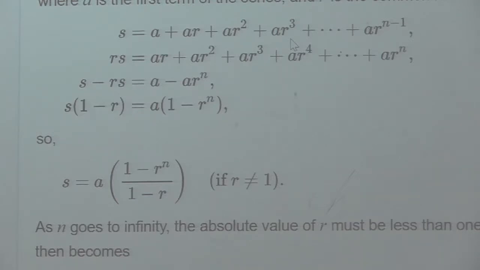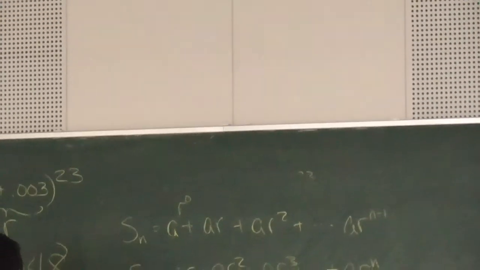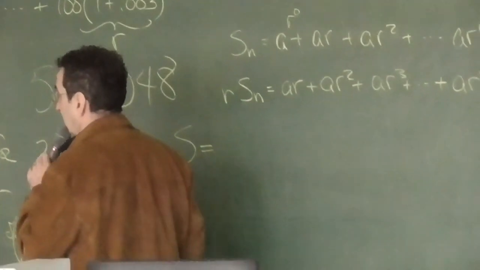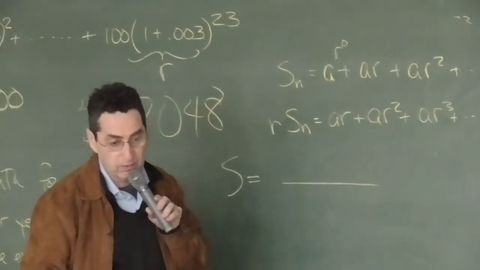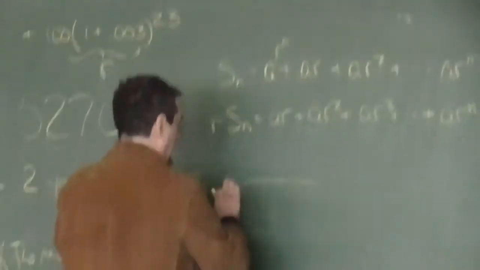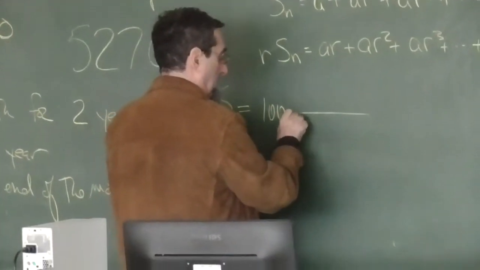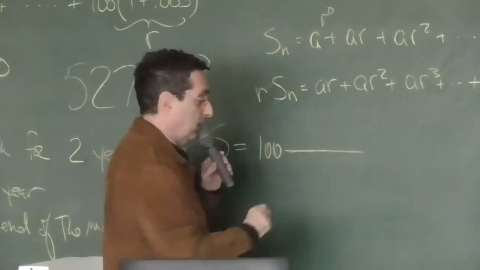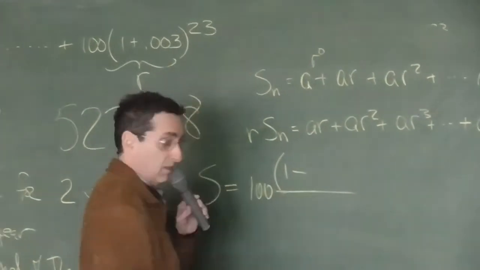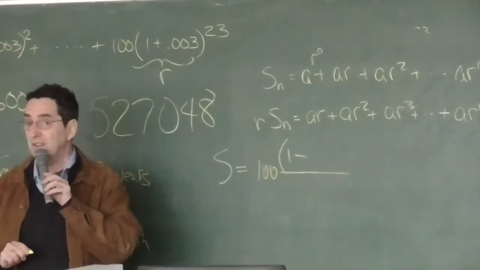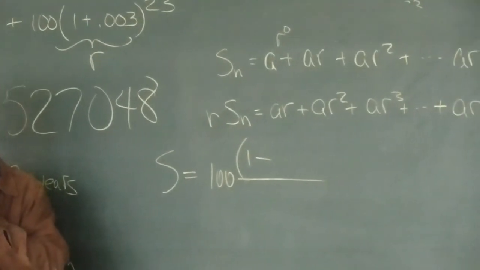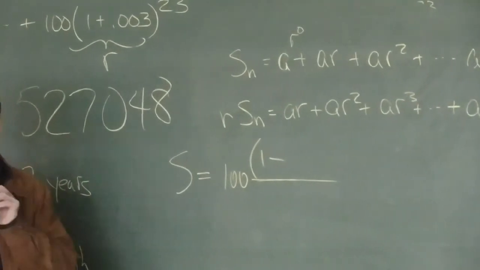So we can just take this formula, and we can tell what the sum is now. S, that is the future value, is equal to, according to this formula, 100, and then what does it say? 1 minus R to the n. It's not R to the 23rd, it's R to the 24th. Okay?